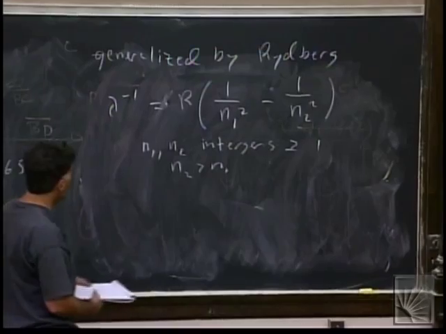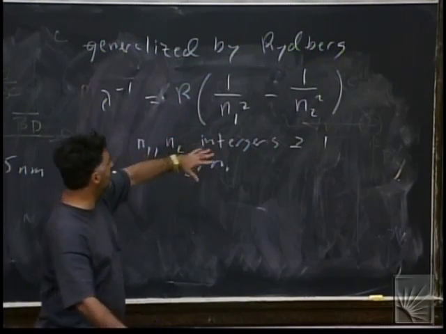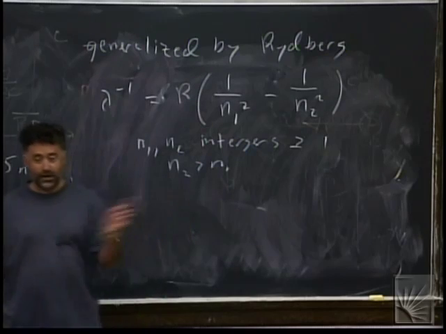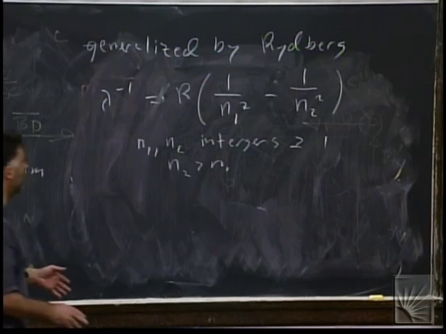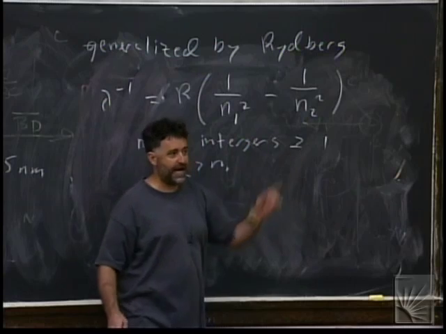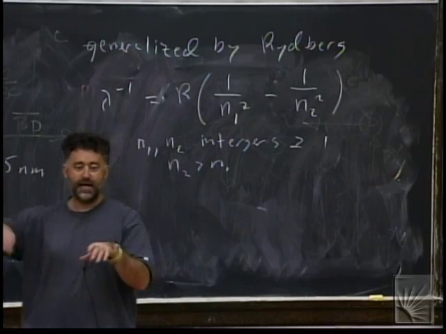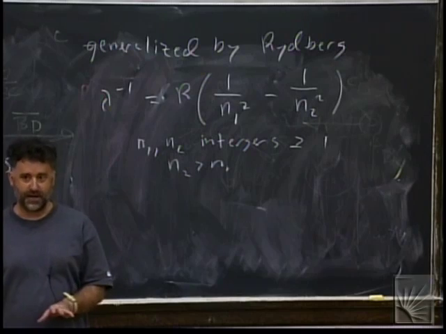Okay? So this would be something you could measure, and this formula turned out to fit all different sorts of hydrogen lines, visible light, not visible light. Basically what you had to do is pick the n1 and the n2 right, and that would correspond to one of the seen lines in the spectrum.